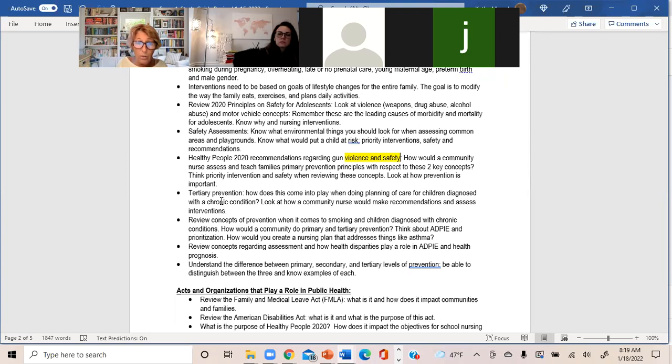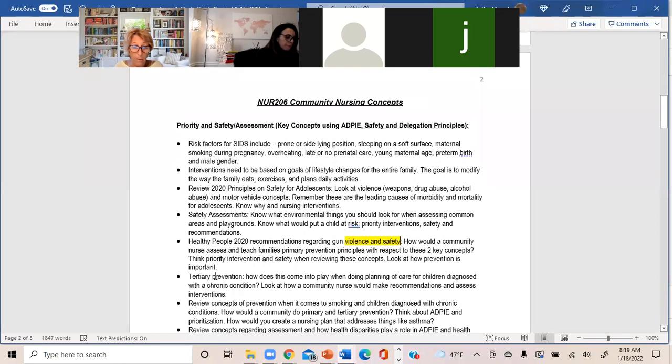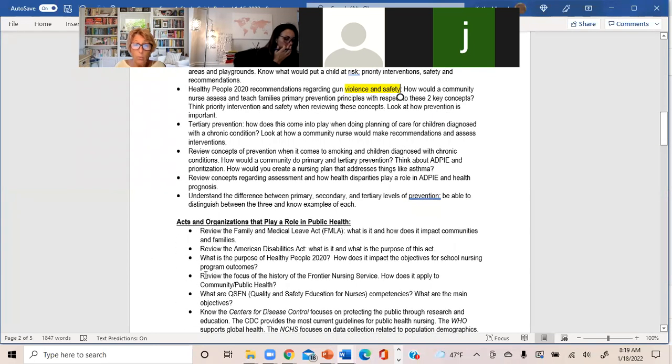That is an issue, because we want the kid with chronic health conditions getting to appointments. That's what tertiary prevention is about. We are in a position to assess whether this family is functioning and able to take care of a family member with lots of chronic conditions and needs.